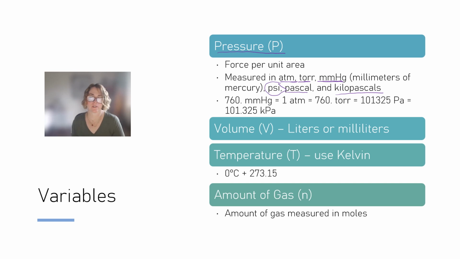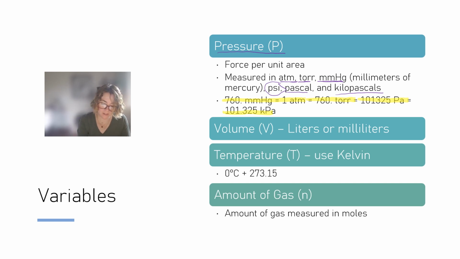We may ask you to go back and forth between different units of pressure. Your conversions are: 760 millimeters of mercury is equal to 1 atmosphere, or 760 torr, which is equal to 101,325 pascals, or 101.325 kilopascals. Something that you're going to want to cement in your memory.